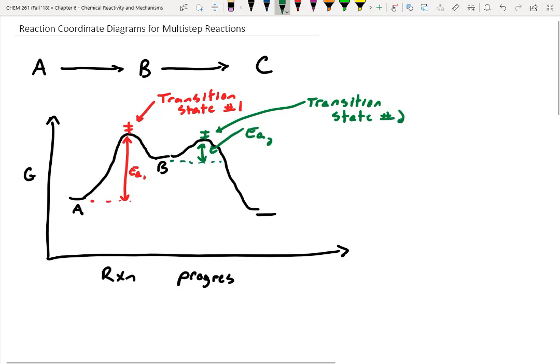Capital E lowercase a sub 2, or is that capital E sub a sub 2? Yeah, it's capital E sub a sub 2. I'm not super picky about it, though, as long as you know that they're different activation energies of different magnitudes, right? So we can go from A to B to C, and like we said, B is our intermediate.